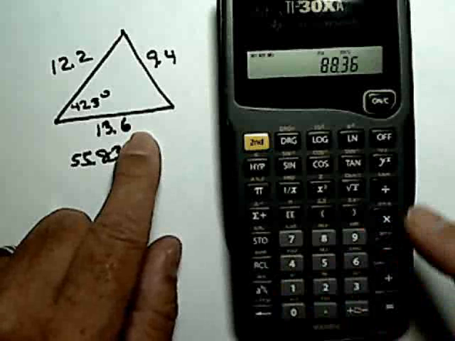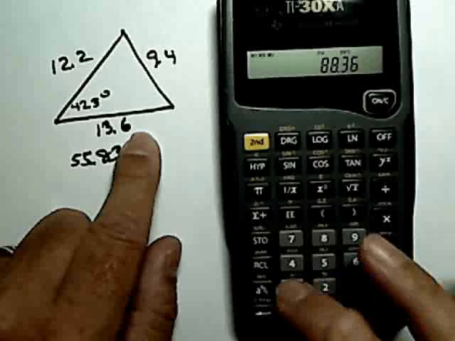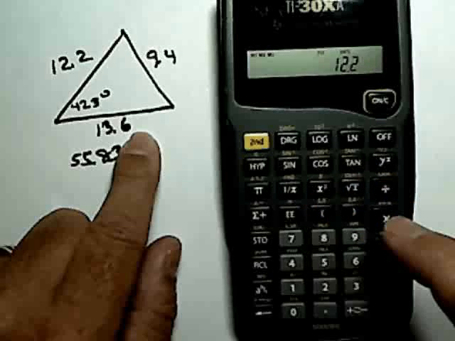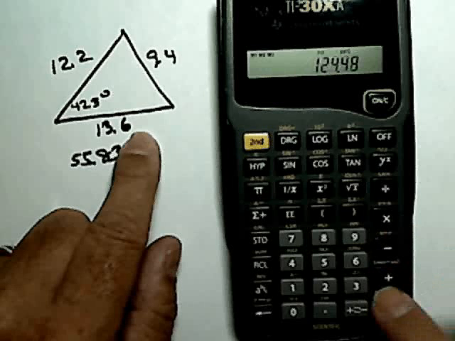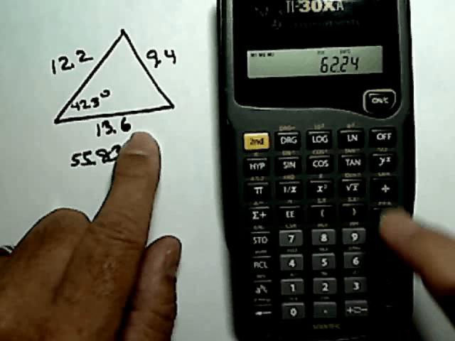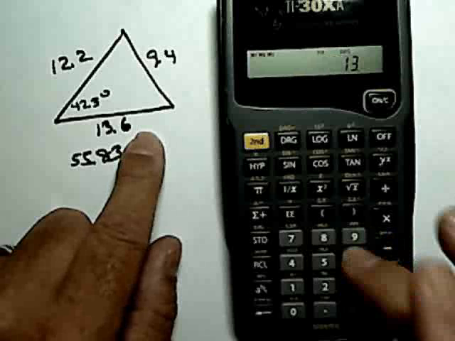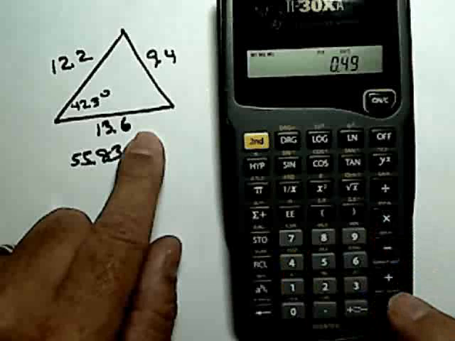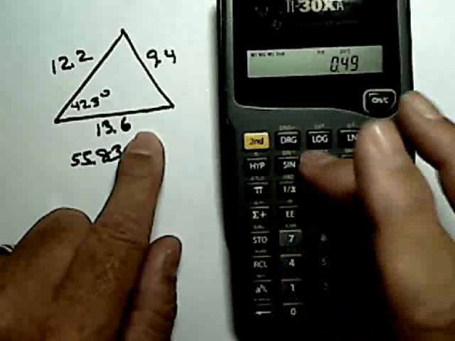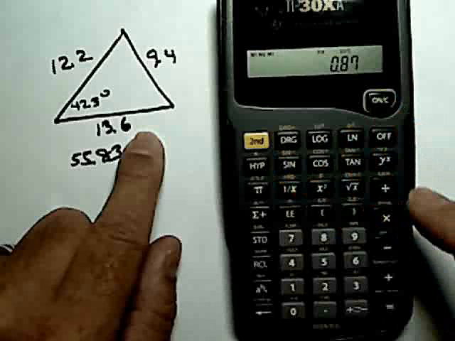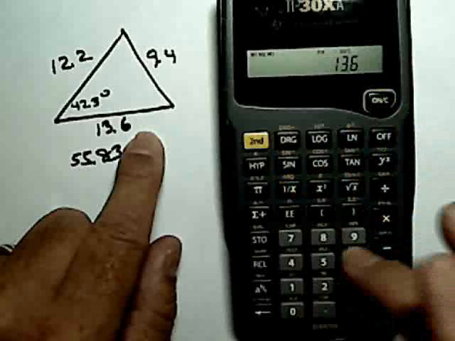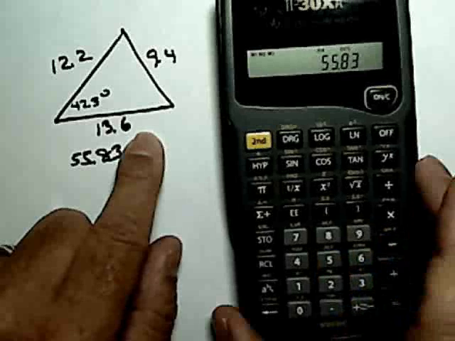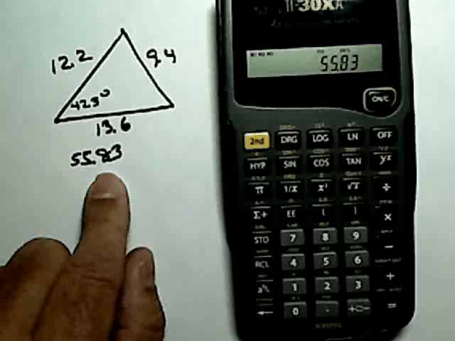9.4 squared plus 13.6 squared minus 12.2 squared equals, divide by 2 equals, divide by 13.6 equals, divide by 9.4 equals inverse cosine sine times 13.6 times 9.4 times 0.5 equals 55.83, and so that was the right answer the first time.